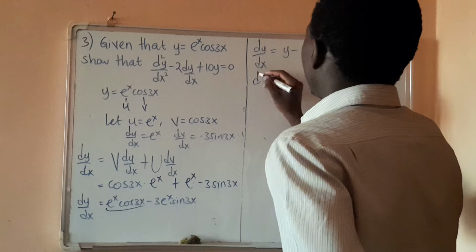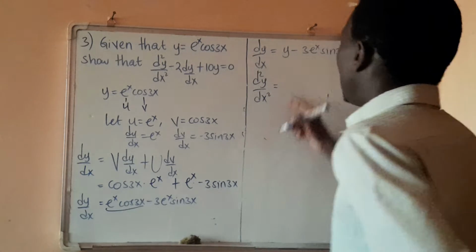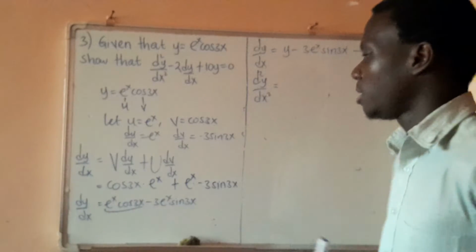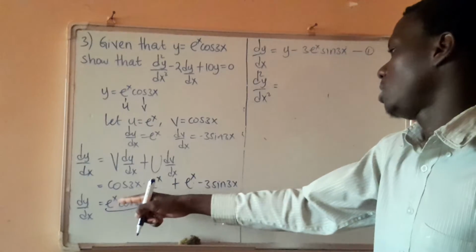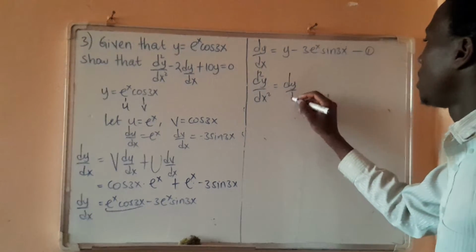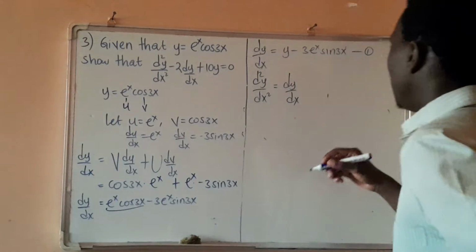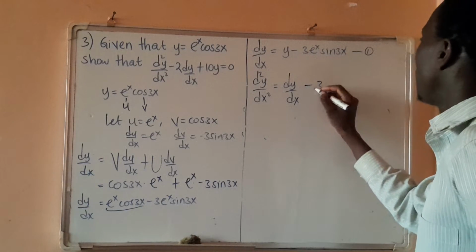So this is equal to d squared y dx squared. So my y is actually e to the x cos 3x. So we shall differentiate that to get dy dx. It's a function in terms of x. So if we differentiate this y, we get dy dx, then minus 3.